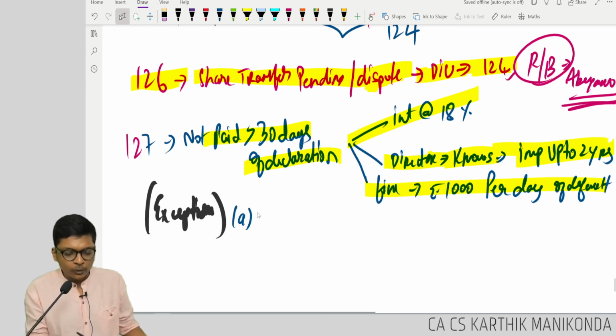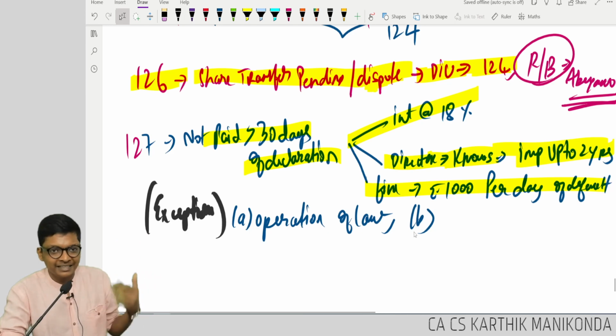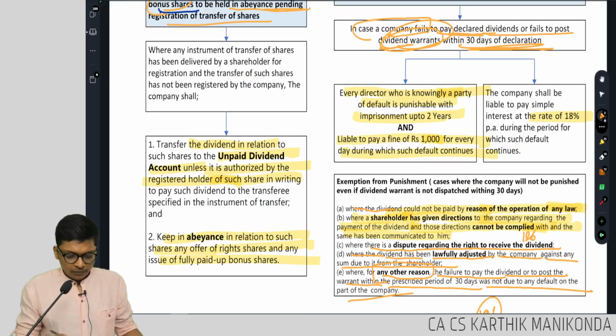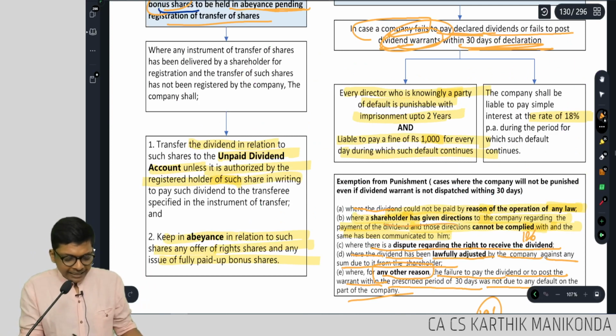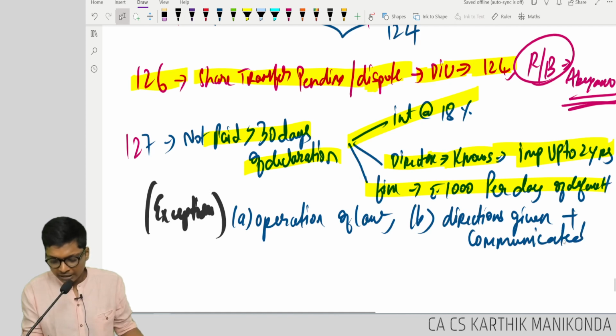What is exception 1? Only keywords, operation of law. Continue in same line, guys. Don't go next line. Don't write A, B, C, D, E. Same line. B will be, if you want same order, directions. B is directions given plus communicated.